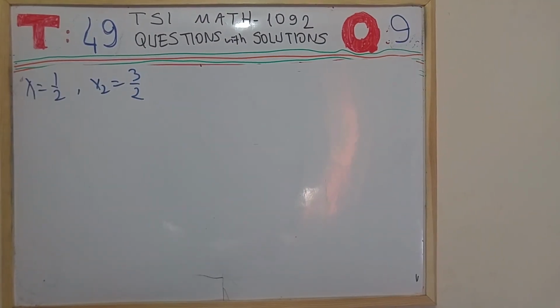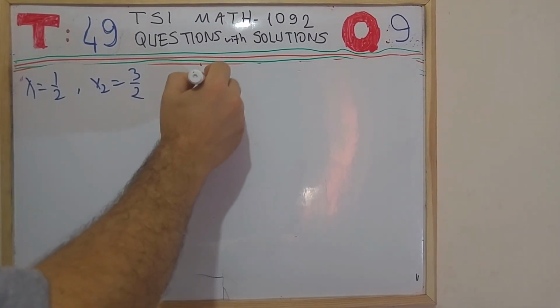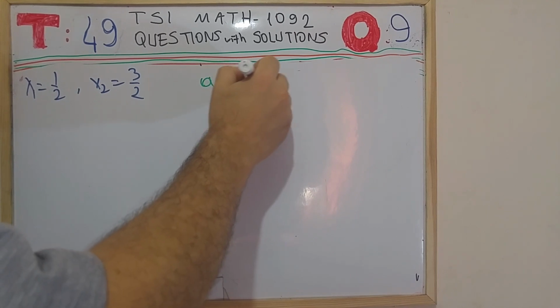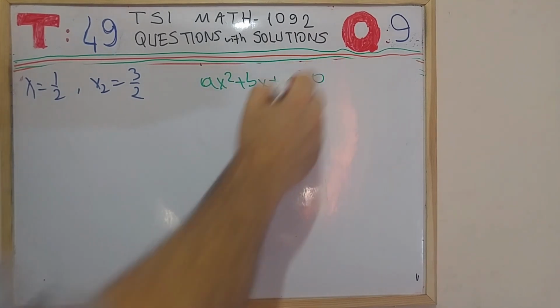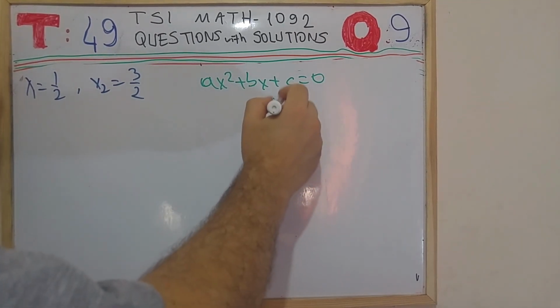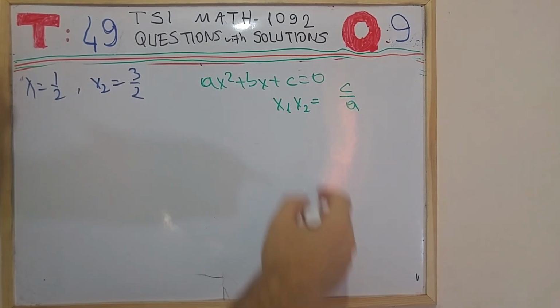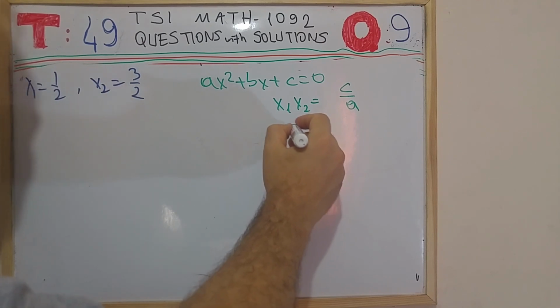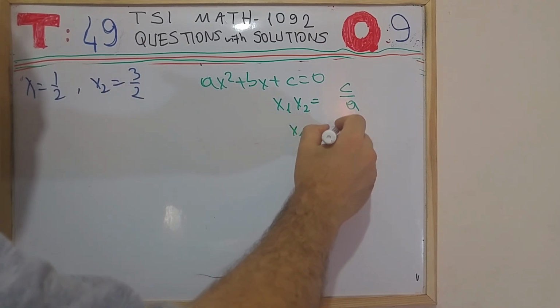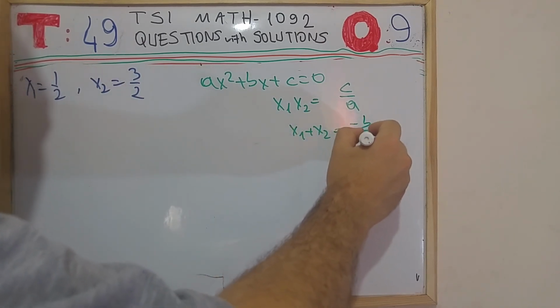Please remember that in a function like ax squared plus bx plus c is equal to 0, the multiplication of the roots x1, x2 is equal to c over a, and the sum of the roots, x1 plus x2, is equal to minus b over a.